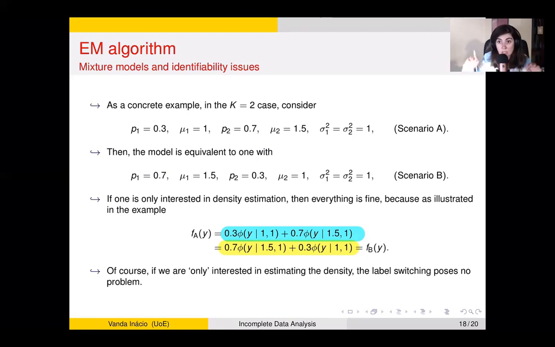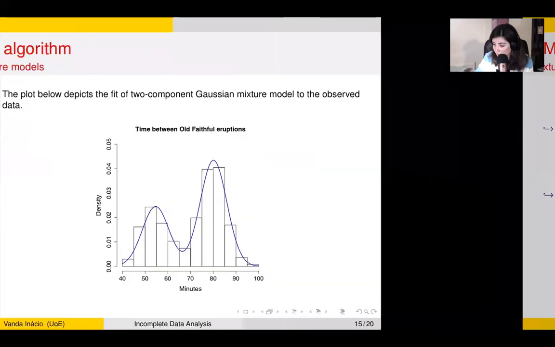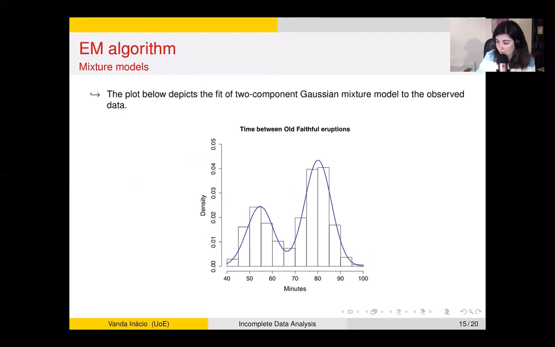If we do not do this, we might obtain, just to make it a little bit more concrete, here we know that mu1 is about 55, right? And that mu2 is about 80, correct? Just by looking at the histogram.